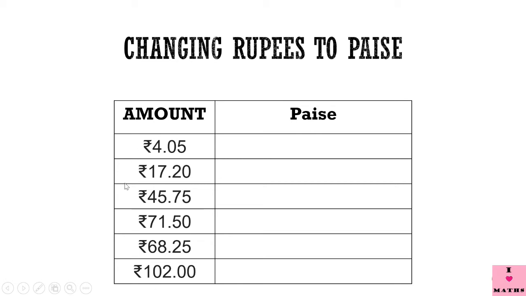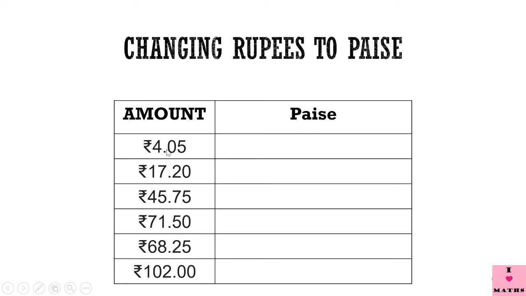Now, this is how we write the amount. I will teach you a trick to change this amount into paise. Now children, this is rupees 4 and 5 paise. Now you know rupees 4 is 400 paise, and in 400 paise you have to add 5.